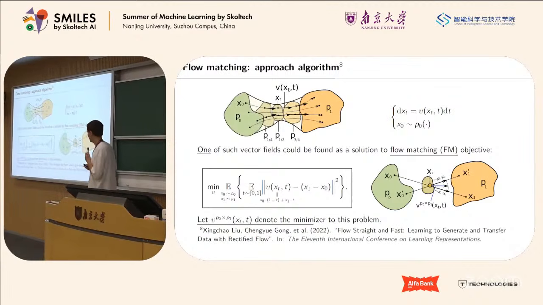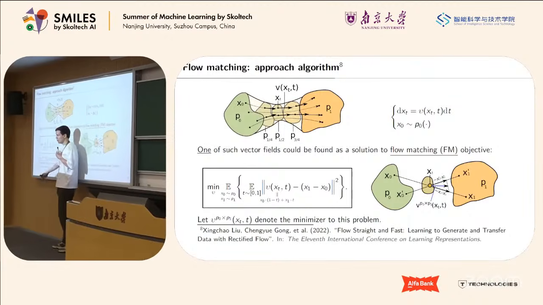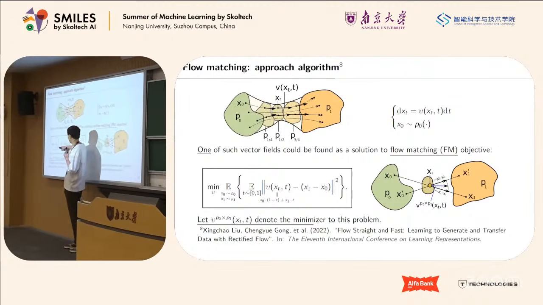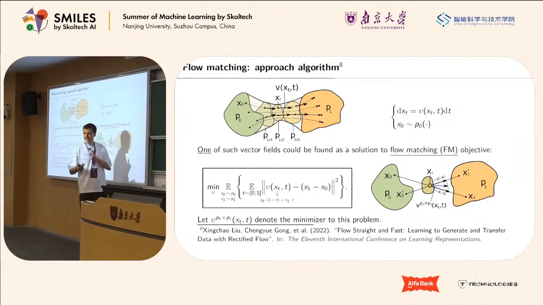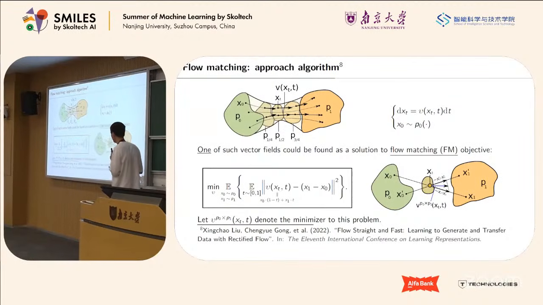The main idea is as follows. You solve the following regression problem. You want to find a time-dependent vector field V which minimizes this regression objective.